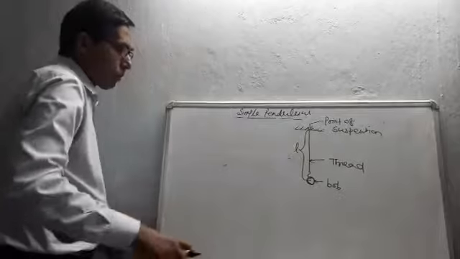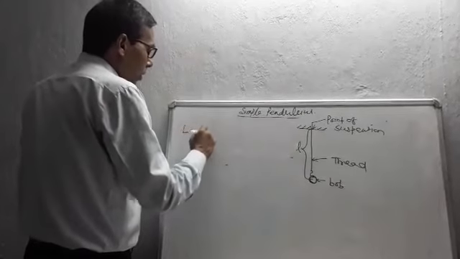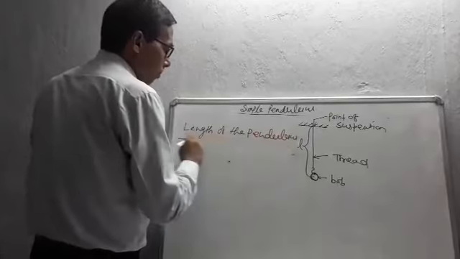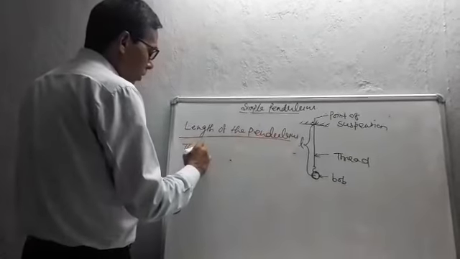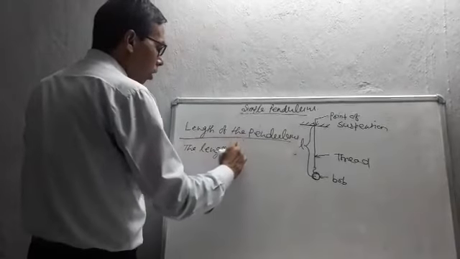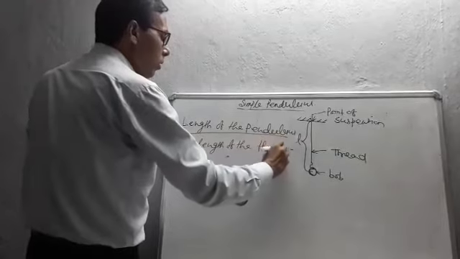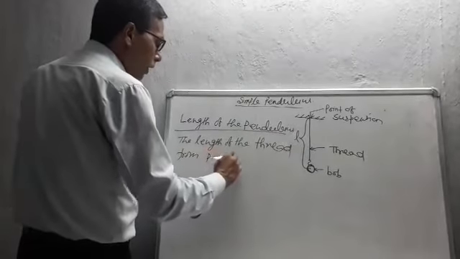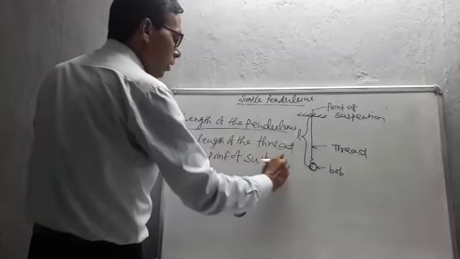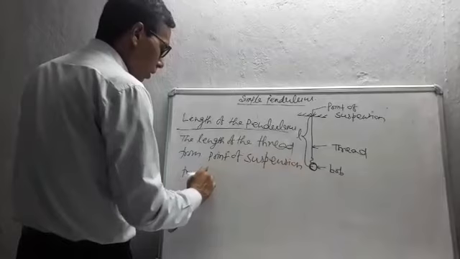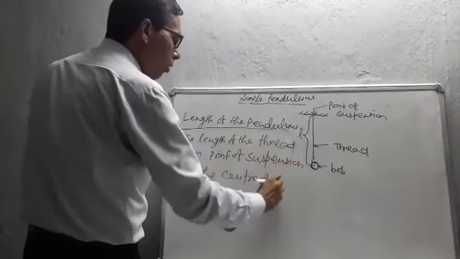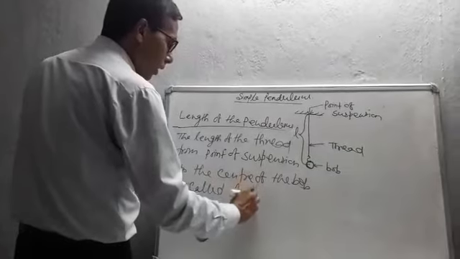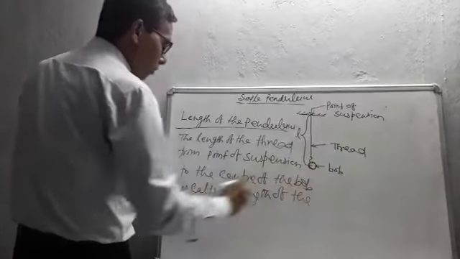What is the length of the pendulum? The length of the thread from the point of suspension to the center of the bob is called the length of the pendulum.